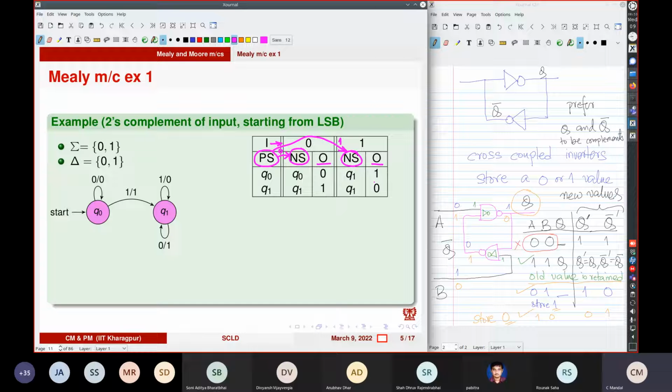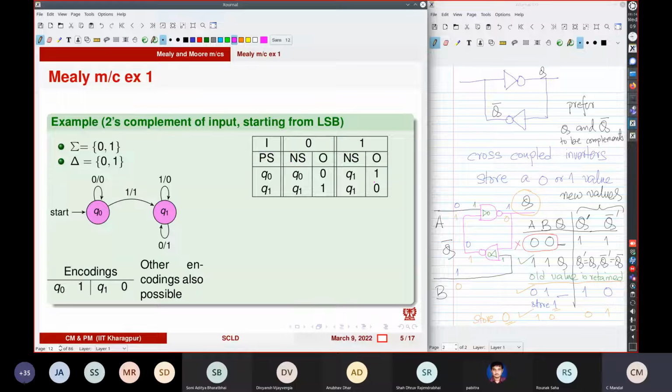So this is how it works. This one is a tabular representation of this diagrammatic representation. Now, if you want to implement it, you have to decide on a bit value for Q0 and a bit value for Q1.